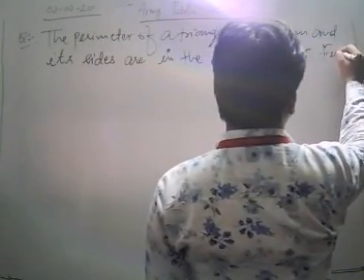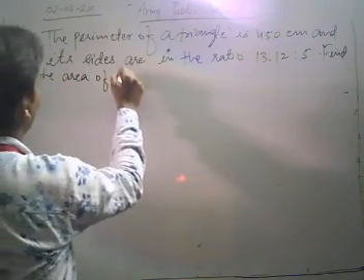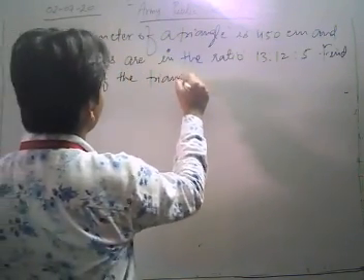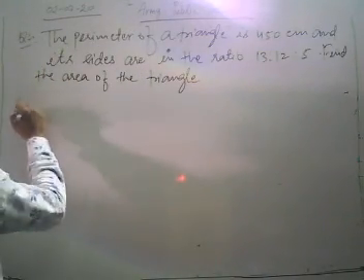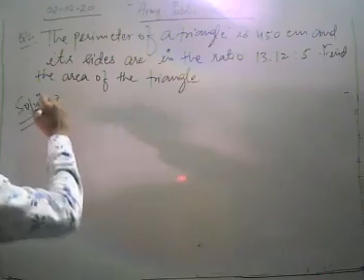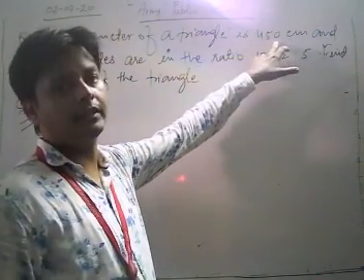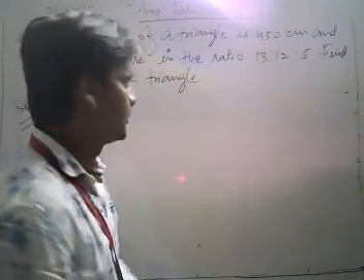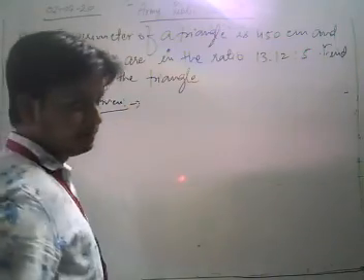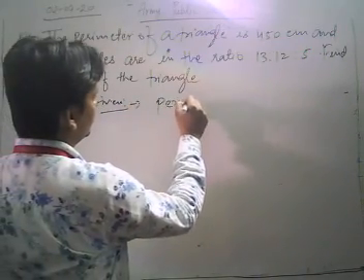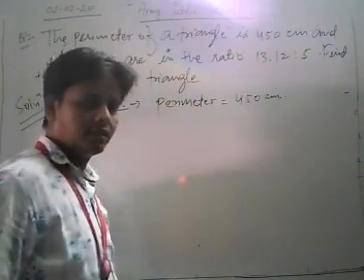Your question is to find the area of the triangle. Now let's solve it. First of all we write what is given: the perimeter of the triangle is 450 centimeters.